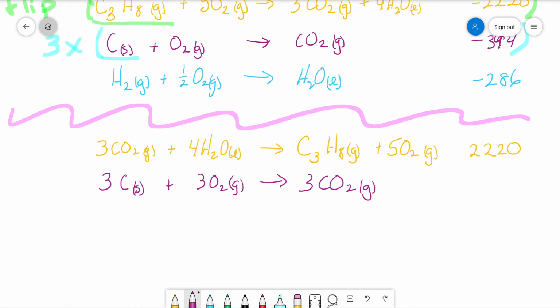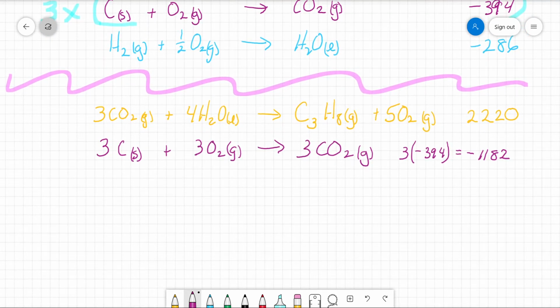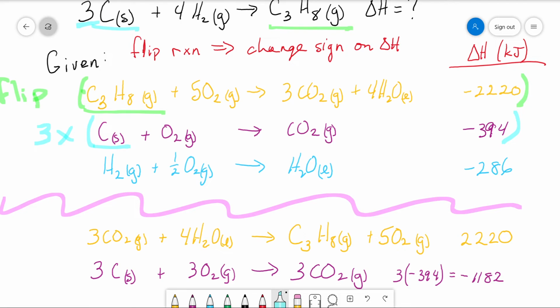And the value for delta H, negative 394 times 3, works out to be negative 1182 kilojoules.